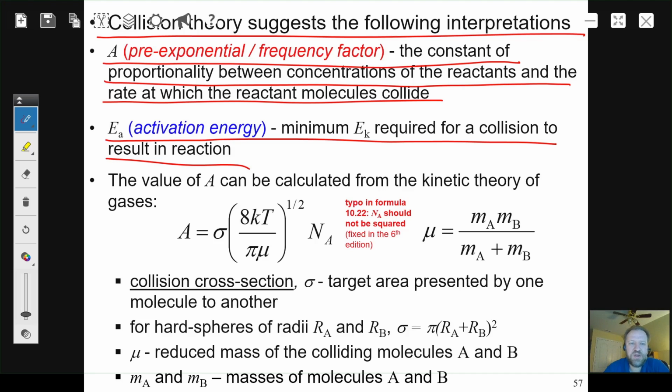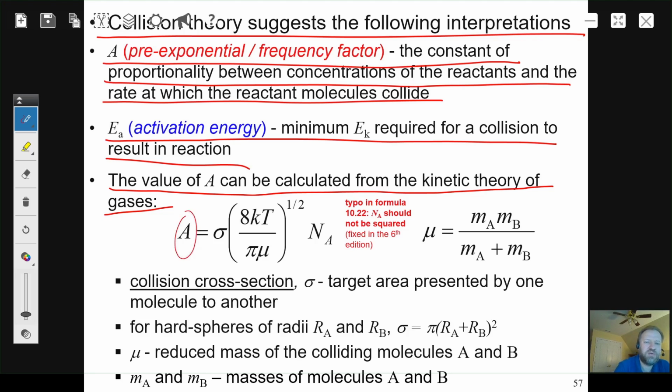Now it turns out that for this collision theory, the value of the pre-exponential factor or frequency factor A can be calculated directly from the kinetic theory of gases. Remember, in kinetic theory of gases, we represent molecules as hard spheres of certain radii.